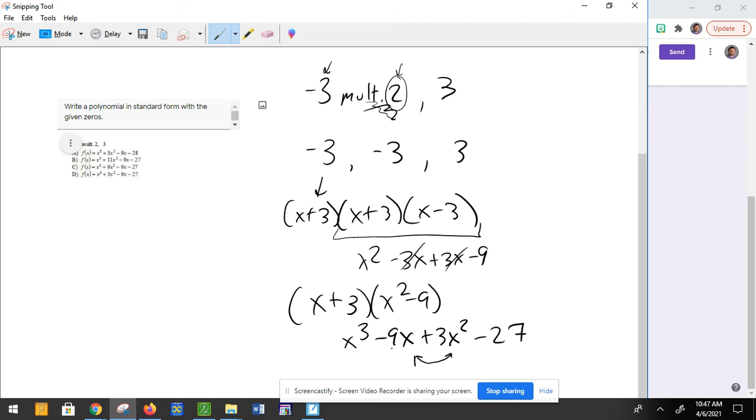That negative goes with the 9x. So you end up with x cubed plus 3x squared minus 9x minus 27. When I look at my answer choices, it appears that D is your answer there. All right, so for the second one, the answer is D.